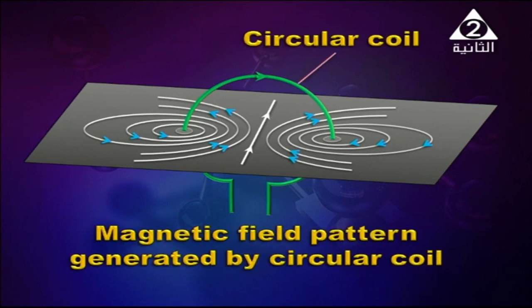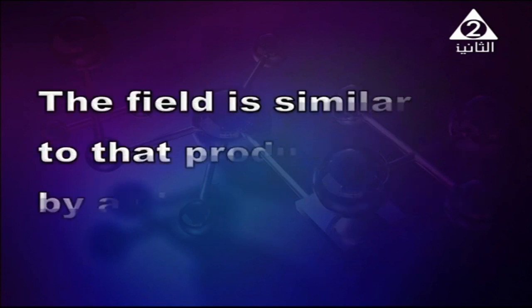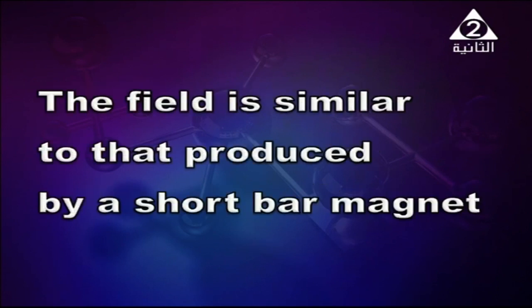Okay, so the magnetic field pattern generated by the circular loop is shown in front of you. The field lines run in loops from one face of the coil to the other. The field is similar to that produced by a short bar magnet.